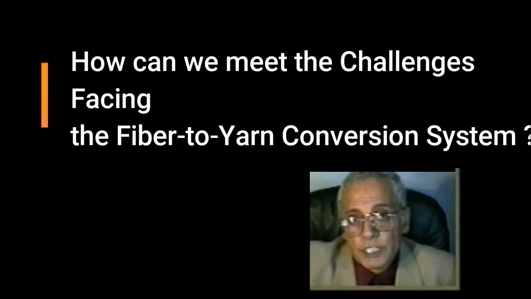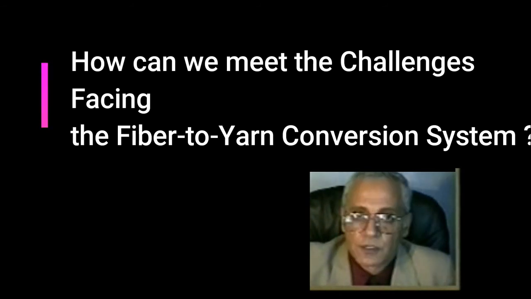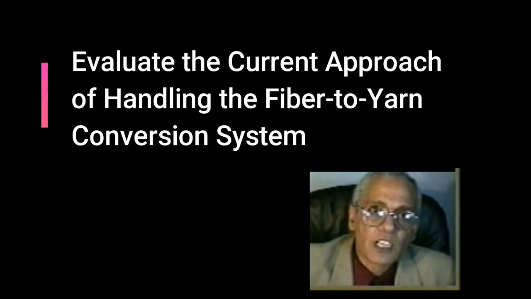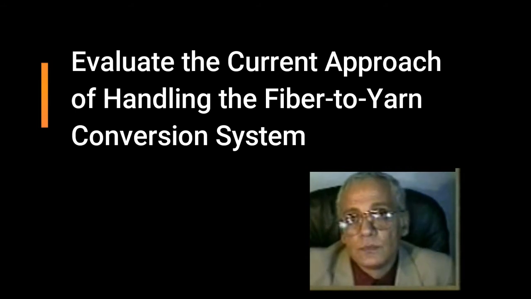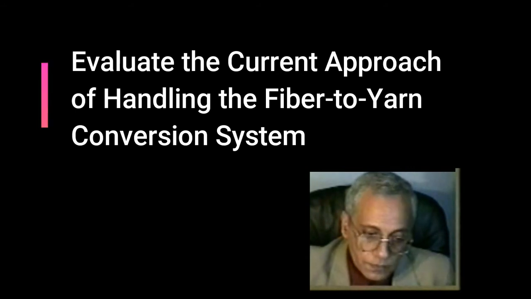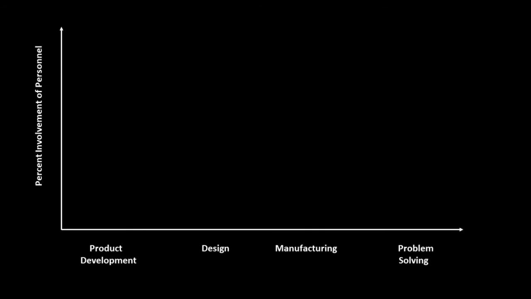First of all, we need to evaluate our current practice. We need to evaluate the current approach. Typically speaking, any industry should have 4 main types of activities: product development, design, manufacturing, and problem solving. These are the basic activities in any industry.